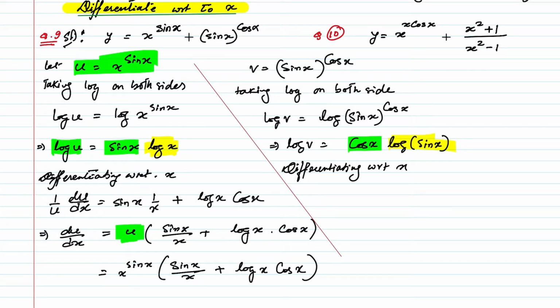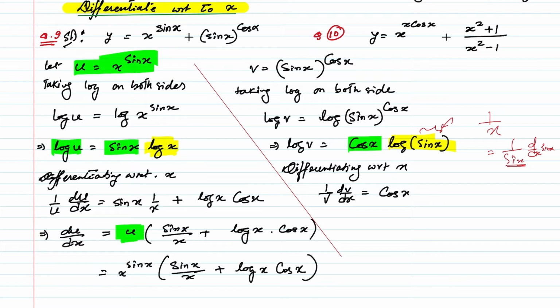So derivative of log v will be 1 by v dv by dx, and on the other side first function is cos x, derivative of the second function. So if you assume this one as x, derivative of log x is 1 by x, but as it is sin x, it will be 1 by sin x, and again derivative of sin x, because this is sin x, it is another function, not only x.